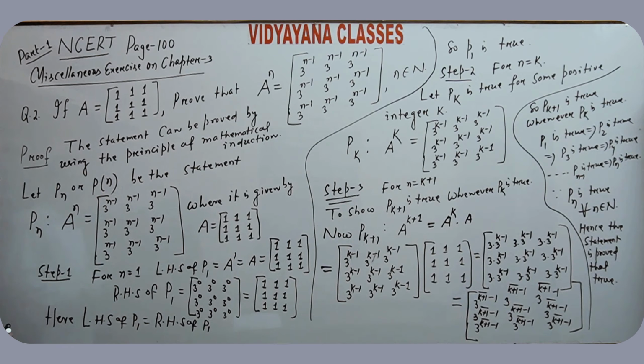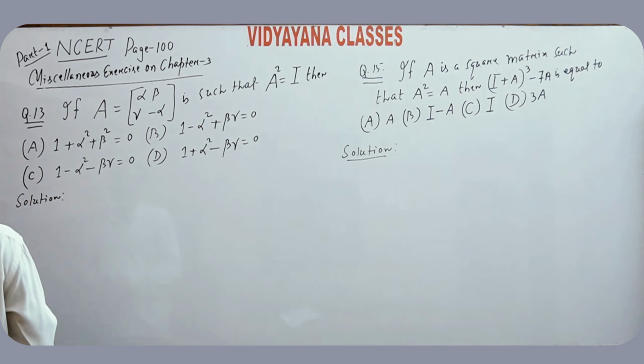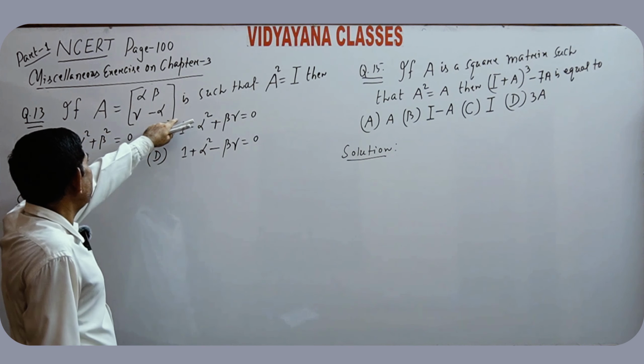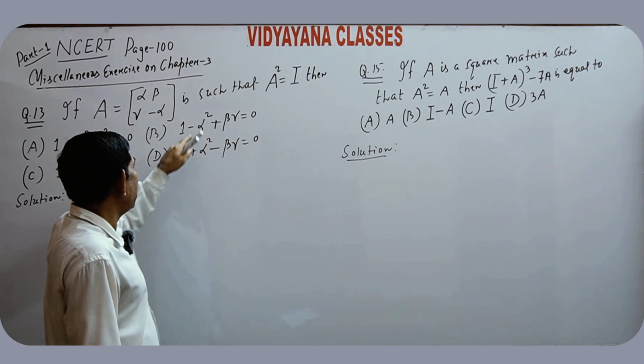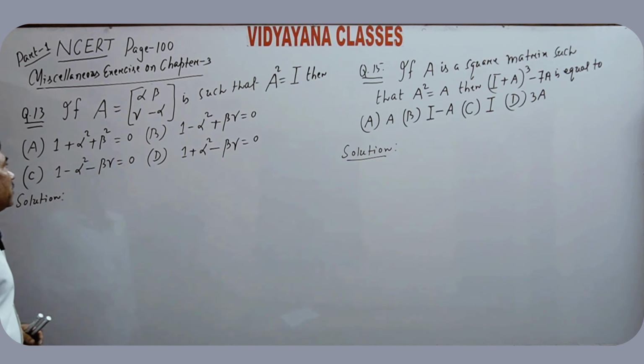Write down. Question number 13. If capital A is a square matrix of order 2 having elements alpha, beta, gamma, minus alpha, so that A square is equal to I, then which one is correct?